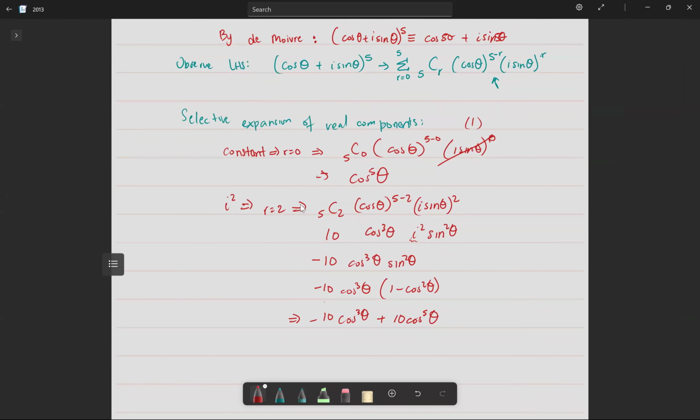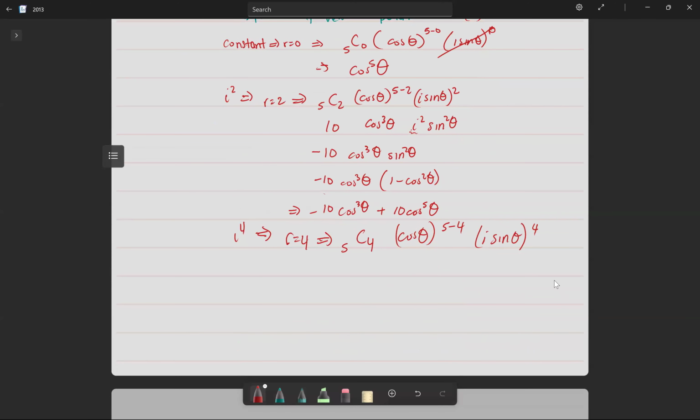The next real part of the left-hand side will be I to the 4th power. I to the 4th power occurs at r is equal to 4, which is 5 choose 4 cosine theta to the power of 5 minus 4 I sine theta to the 4th power. That part is 5 choose 4 is 5.